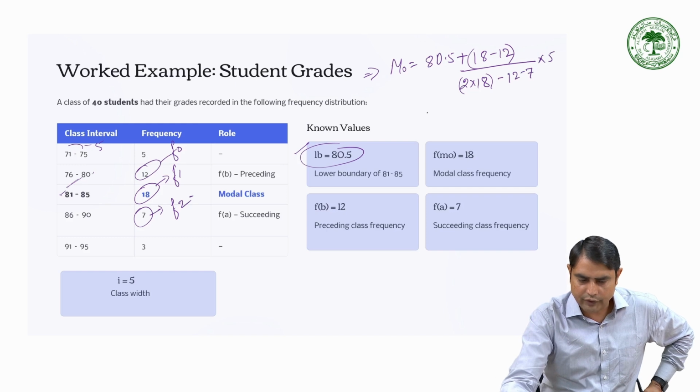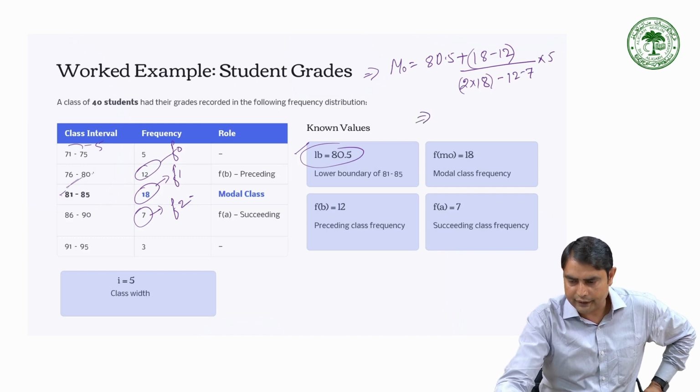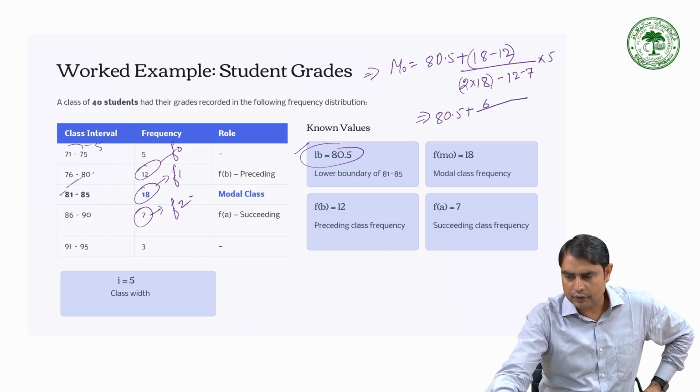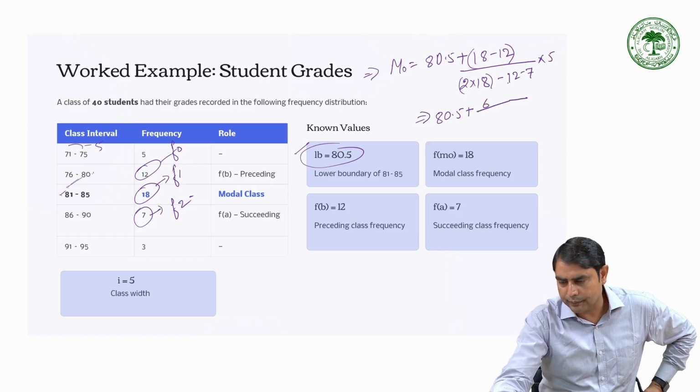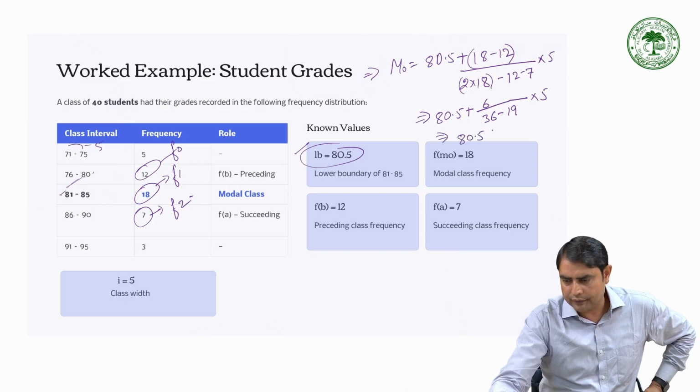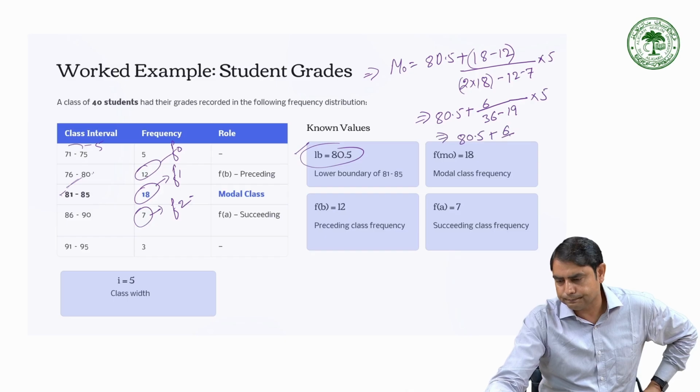When you solve it, you'll get 80.5 plus 6 upon (36 minus 19) into 5. Solving it further, you'll get 80.5 plus 6 by 17 into 5.